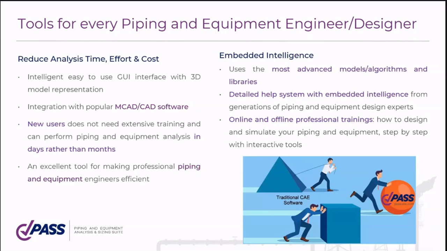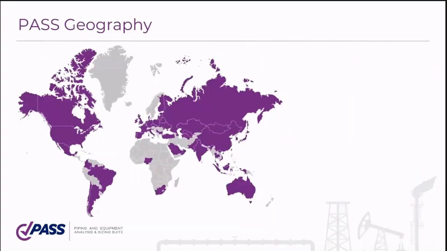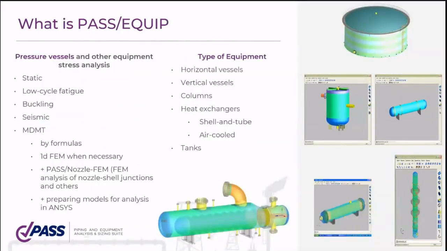At the same time, we put it under the cover of a very user-friendly GUI, with integration with your workflow, and provide all kinds of help system and training, online and offline, so a new user could start in days rather than months. This is something about PaaS geography. We have customers in all industrial countries.